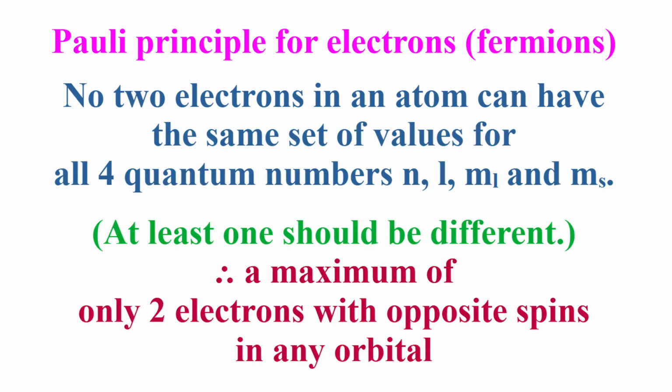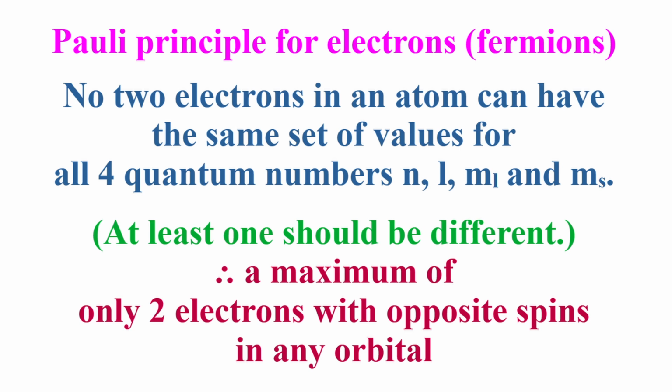According to a corollary of Pauli principle that the electrons are believed to follow as fermion particles, no 2 electrons in the same atom can have the same set of values for the 4 quantum numbers.